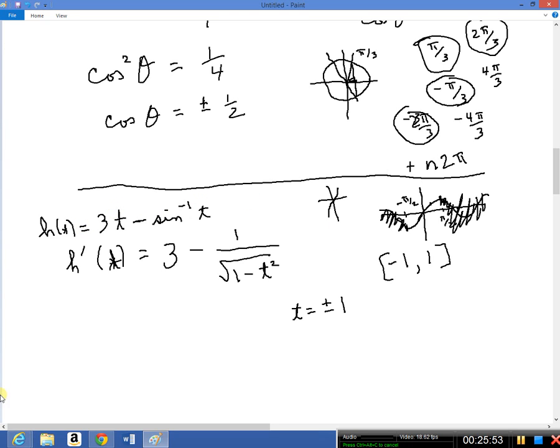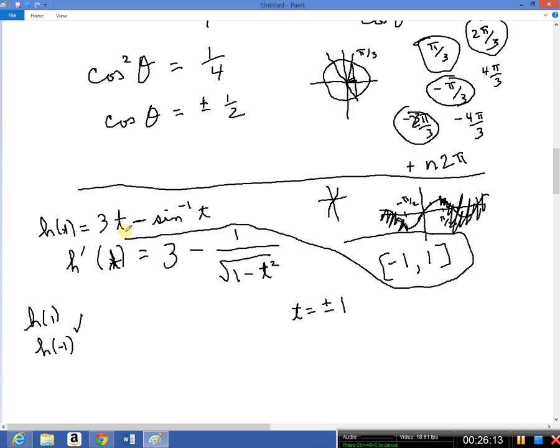So let me summarize that. h of 1 and h of -1 are okay. There's nothing wrong with that. There's perfectly good y values. But h prime, because this is the domain right here for the original function h. Right? So the domain is that guy.